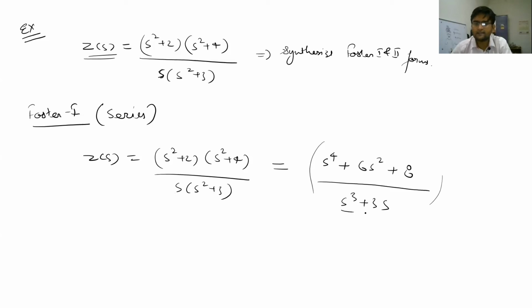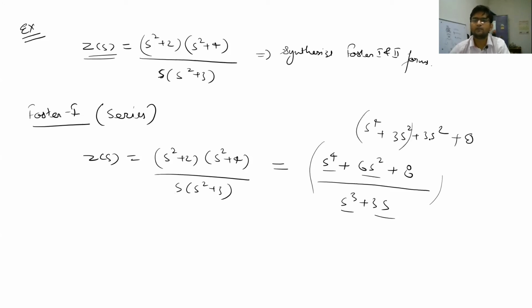Here you see s cube plus 3s, and here there is s to the power 4 plus 6s square. If you take s common, this 6s square can be written as 3s square plus 3s square, and this is already s to the power 4, and then this 8 will go here.